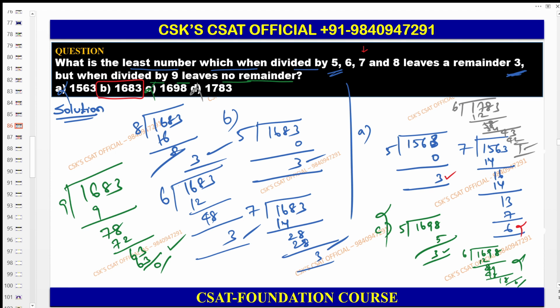Suppose 2 numbers present in the options satisfy the condition of being divisible by 5, 6, 7, 8. Then you need to check the second condition, among the 2 numbers, which gives you remainder 0 when divided by 9.